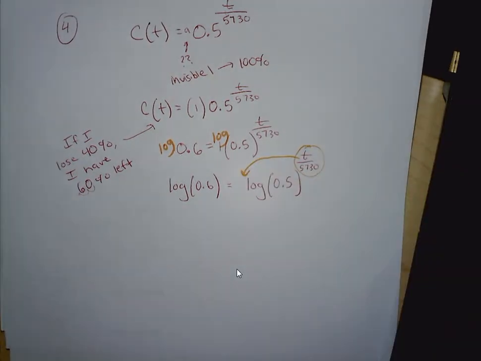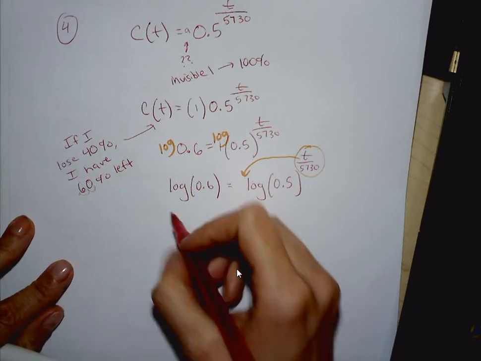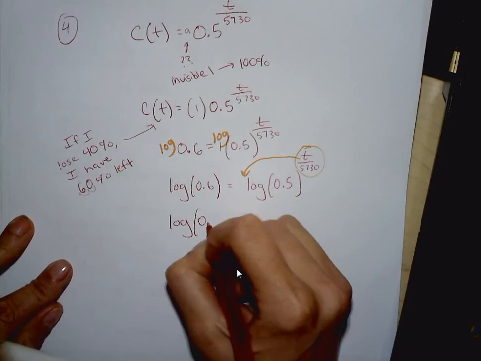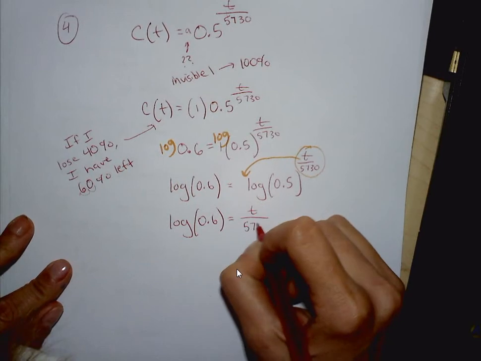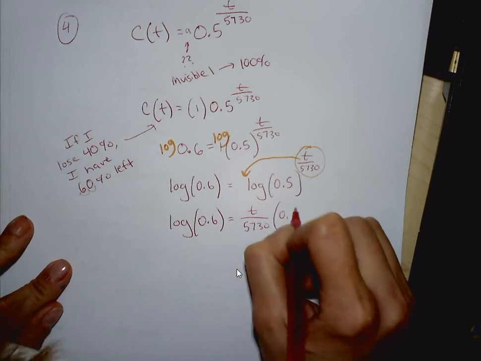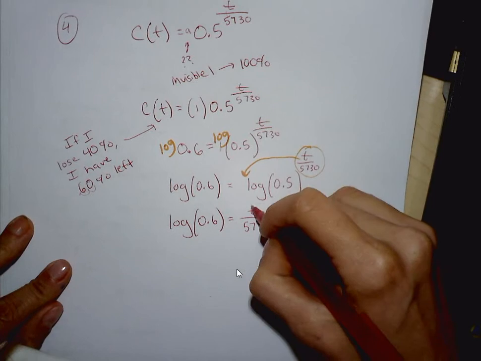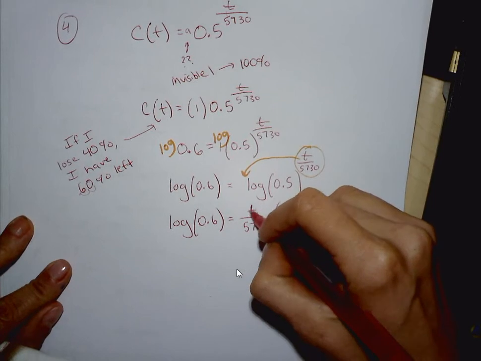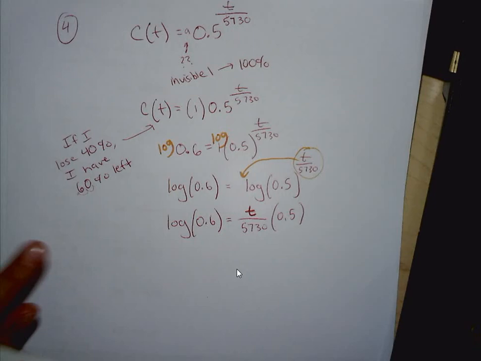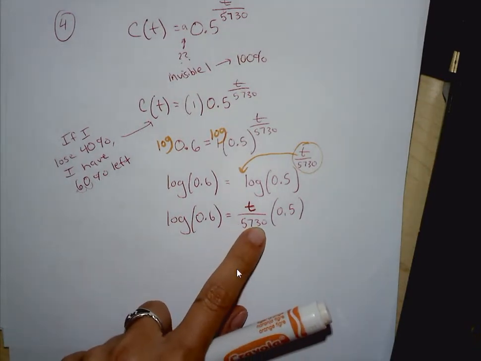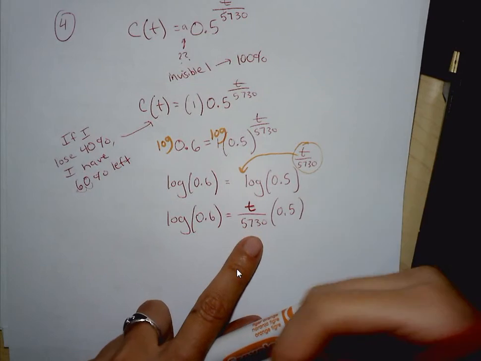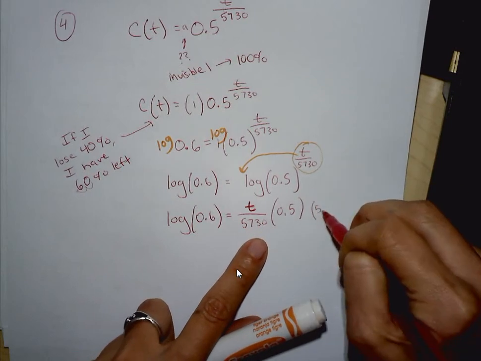So now I have log of 0.6 is equal to T over 5,730. Now, what I'm solving for is this T. So I want to get everything else alone. Since I'm dividing by 5,730, the inverse operation of division is multiplication. So I can multiply by 5,730 to cross these out.